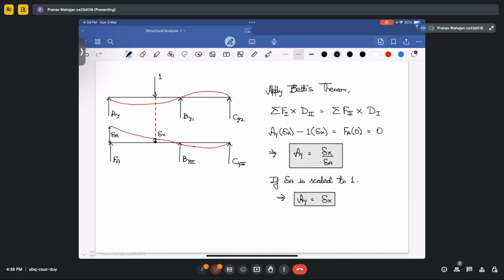So the influence line diagram of AY is the deflected profile of the beam corresponding to delta A equal to 1.